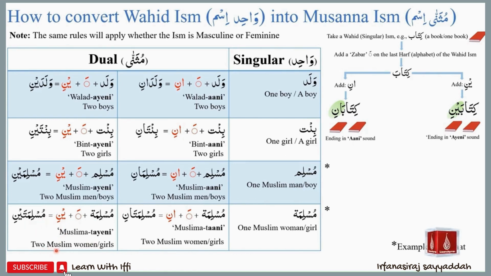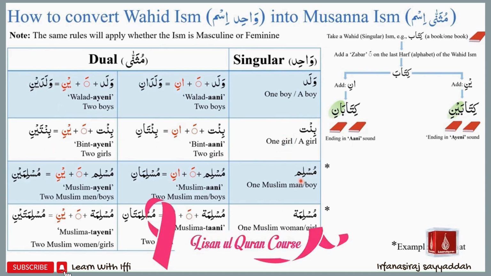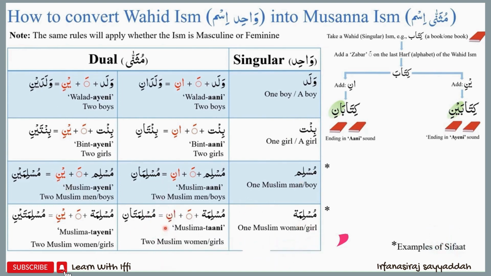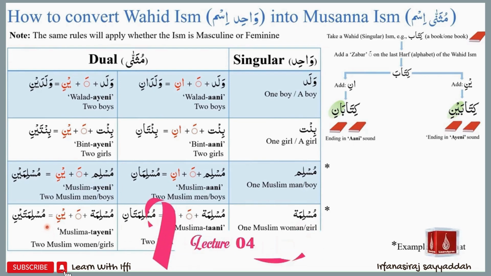It also means two Muslim women or two Muslim girls. To revise, walad becomes waladani, waladaini. Bint becomes bintani, bintaini. Muslim becomes muslimani, muslimaini. Muslima becomes muslimatani, muslimataini.